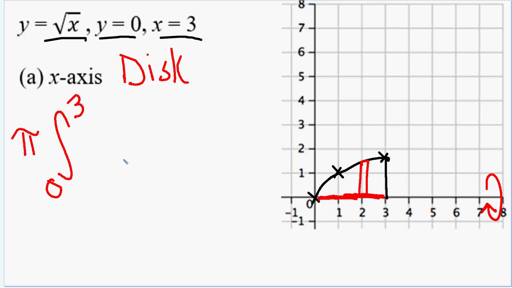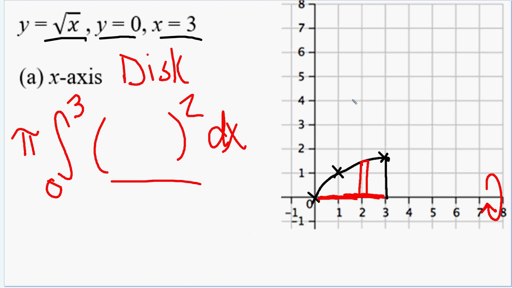So since we know this is disk method, we want to put the height of the rectangle in here and square it. So the height of the rectangle is what's touching the top of the rectangle. That would be the root of x, minus what's touching the bottom of the rectangle, which would be 0. So I'm not even going to write in the minus 0. So here's our setup.